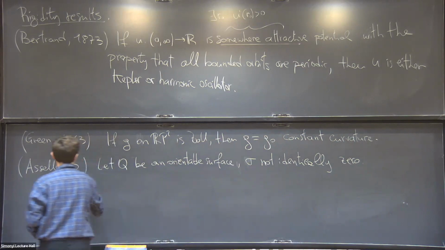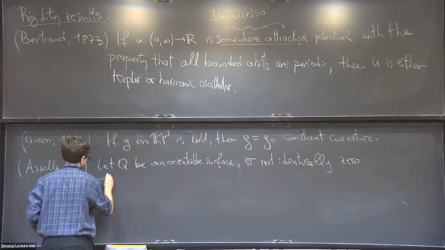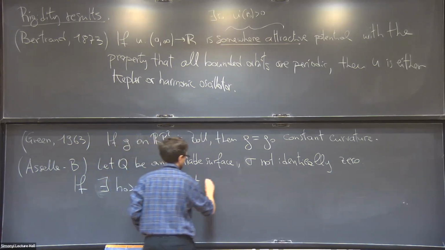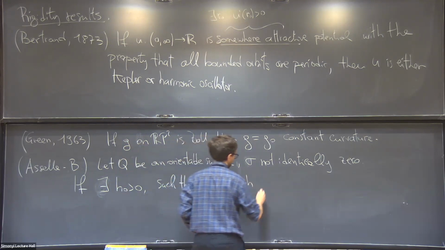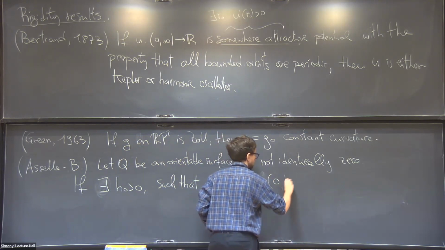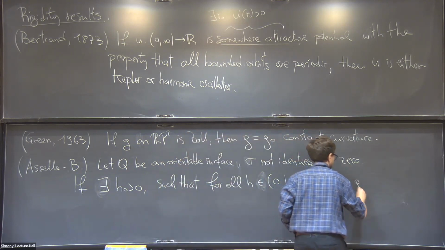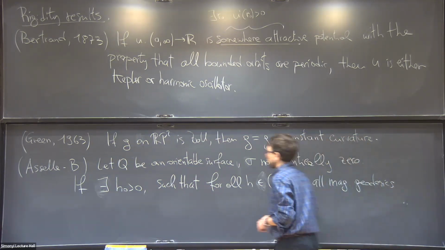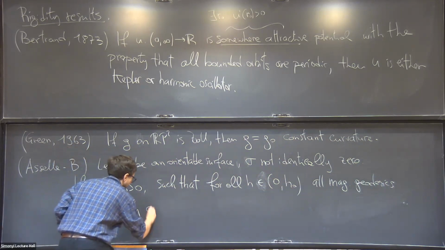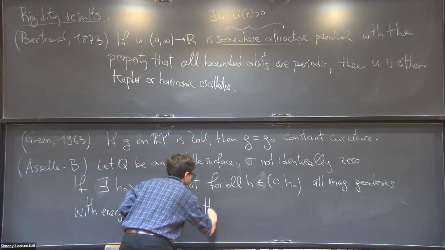Now, if there exists H0 bigger than 0 such that for all energy levels H below this threshold, all magnetic geodesics with energy H are periodic, then you are in a very specific case.